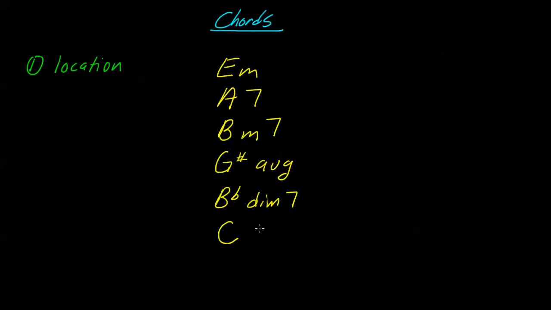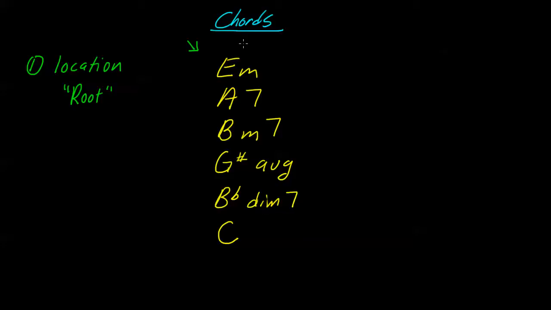There's a term that we use, and that is called the root. Every chord has a root note where the rest of the notes are built from. And this location piece is found on the left side of the chord symbol.